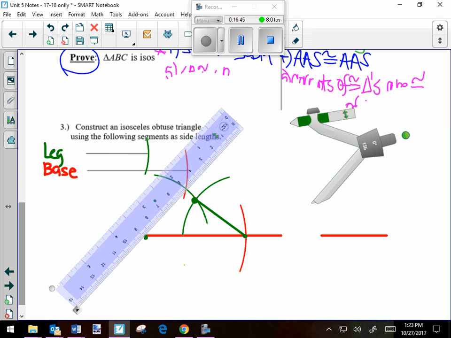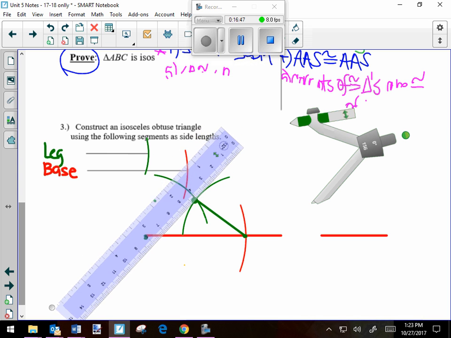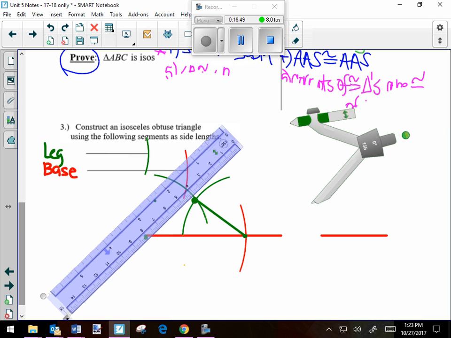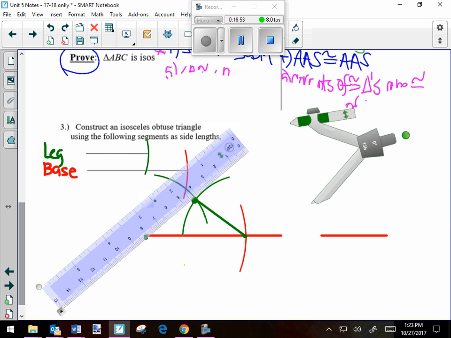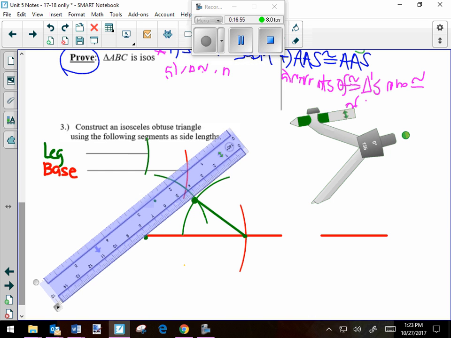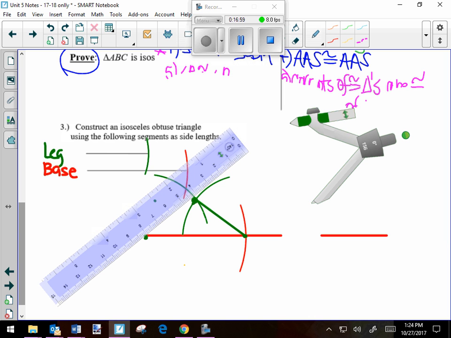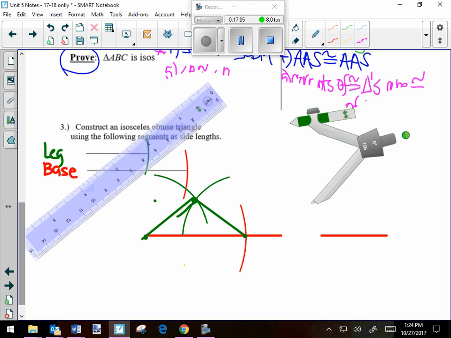And when I'm done here, you're going to be able to see that my two legs that I've drawn are congruent to each other, and they are both meeting at that top vertex. So there is my isosceles triangle.